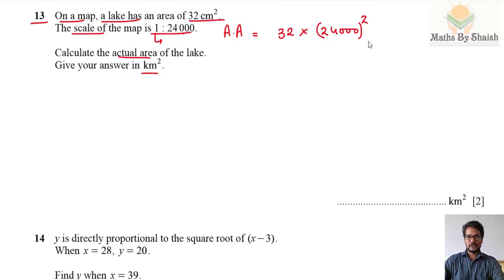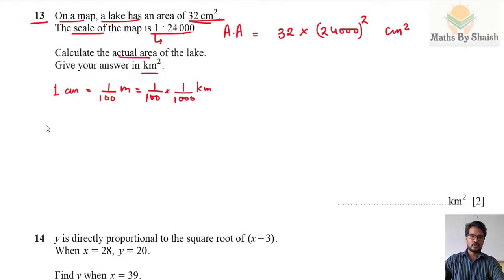And we don't have to solve it till now. It is going to be in centimeters square because the area on the map is in centimeters square. So we have simply converted using the scale. Next, we require our answer in kilometers square. So we know 1 centimeter is 1 over 100 meter, and 1 over 100 meter is 1 over 1000 kilometer.